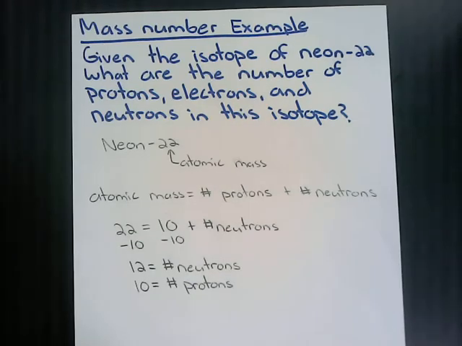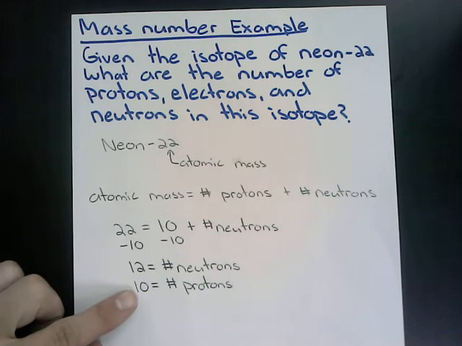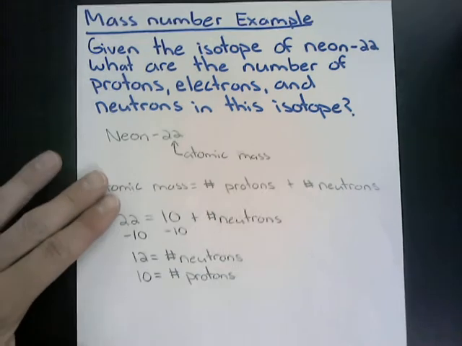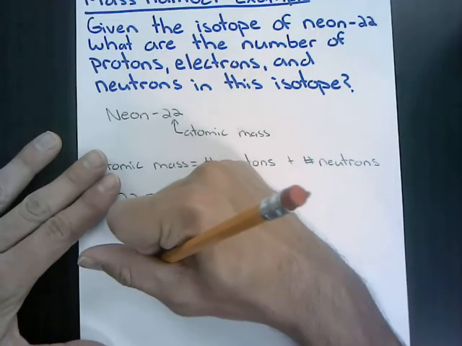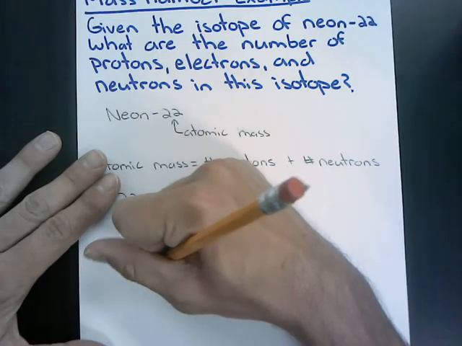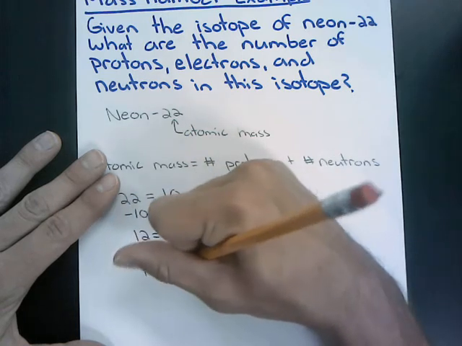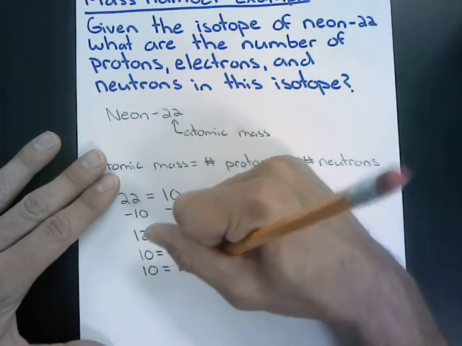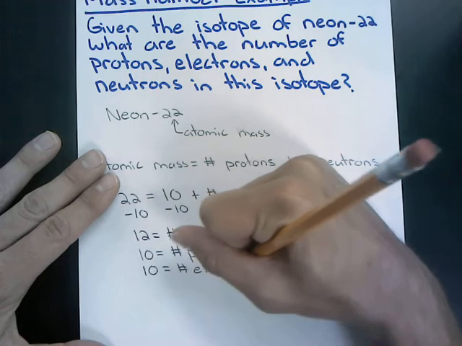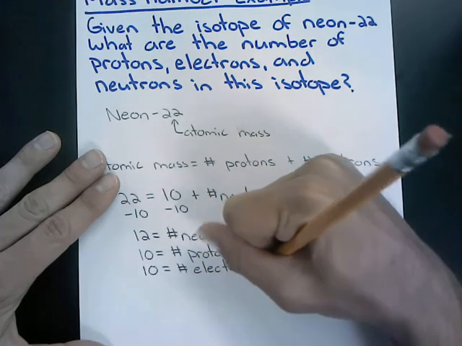Then the number of electrons, which from previous notes I said, in our atoms, until I tell you otherwise, are considered neutral. So if they're neutral, the number of protons has to equal the number of electrons. Because we have 10 protons, that becomes the number of electrons we have to have.